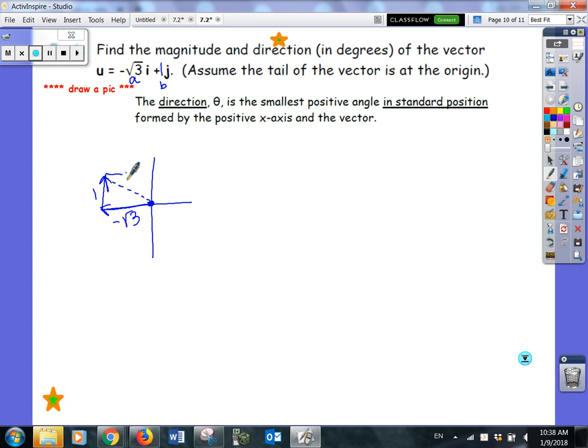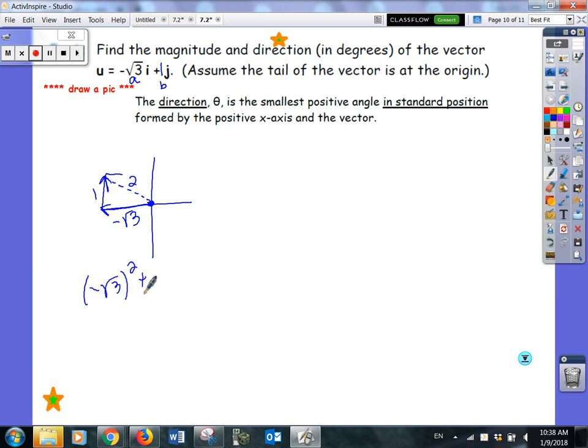Some of you who know your right triangles really well can figure out that magnitude, which is the length, very easily. You know your ratios of special right triangles. If you don't recognize that that's 2, then what do you do? You have a right triangle.